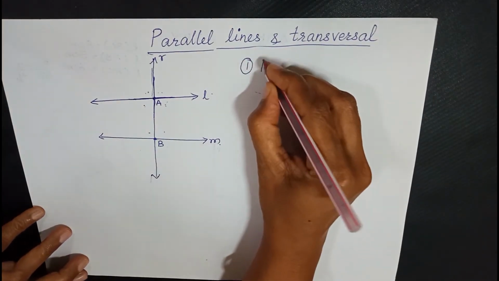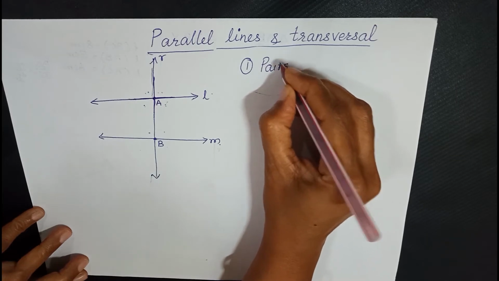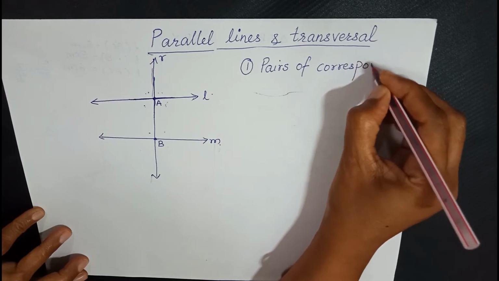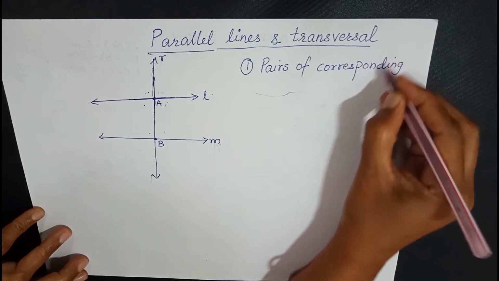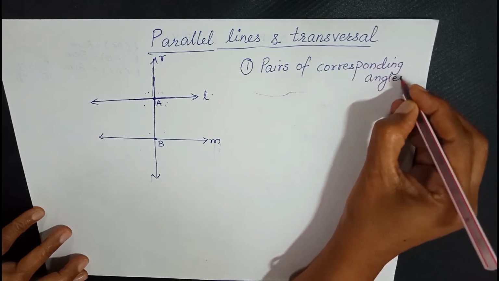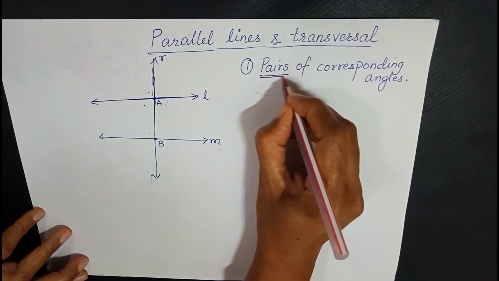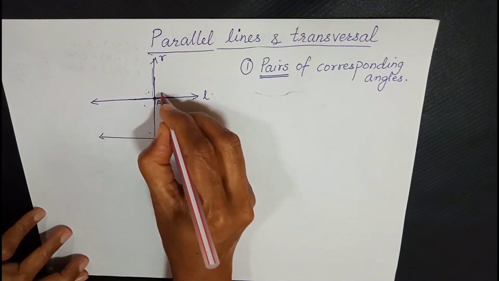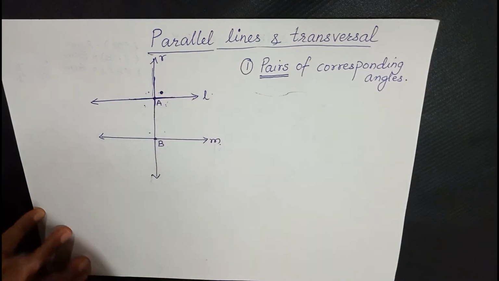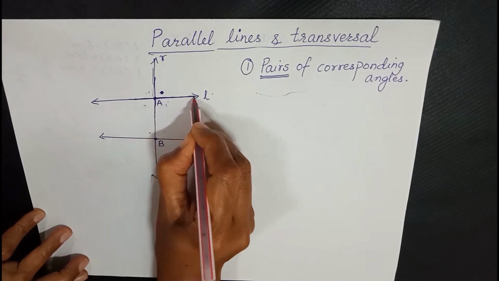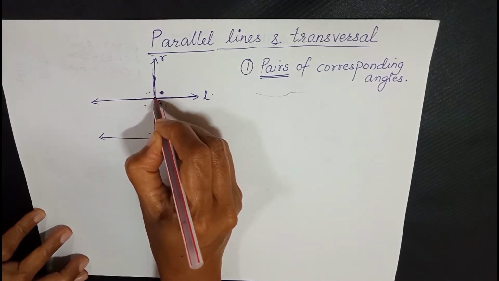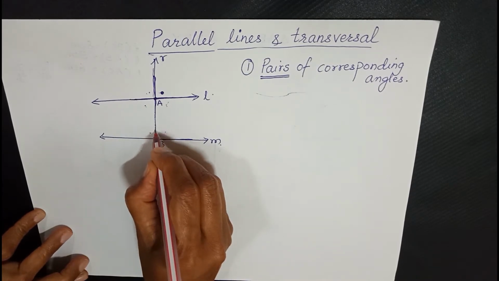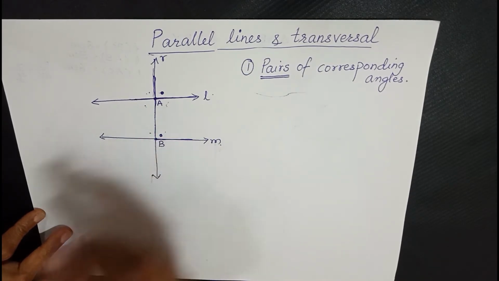So the first one that we do is called pairs of corresponding angles. When we talk of pairs, pairs means two angles together. Now you can see this angle. Where is it located? Above the parallel line with the transversal. Similarly, here also above the parallel line with the transversal, this angle.